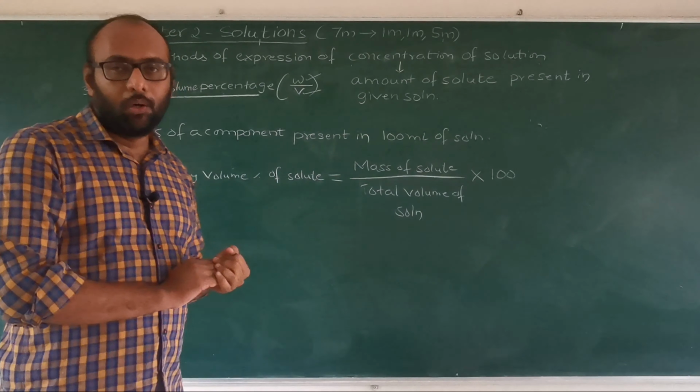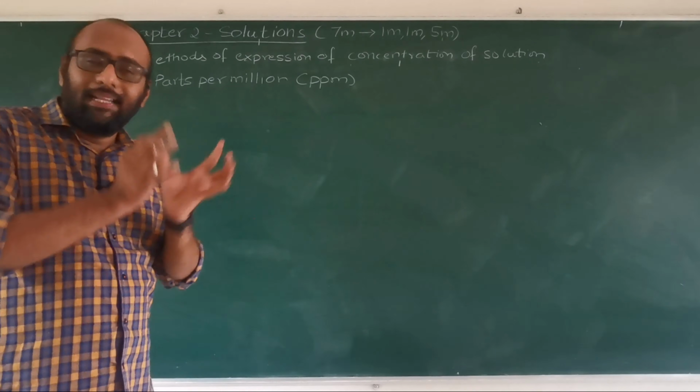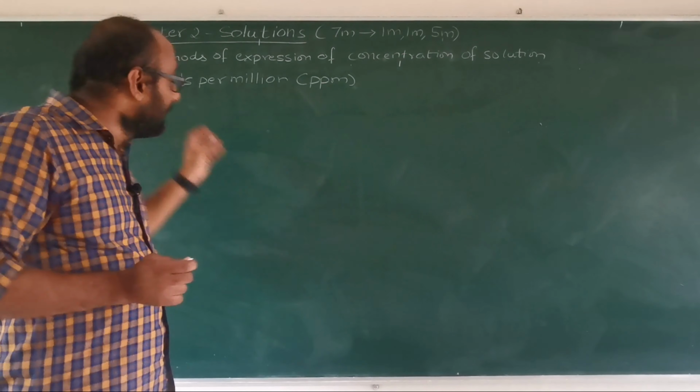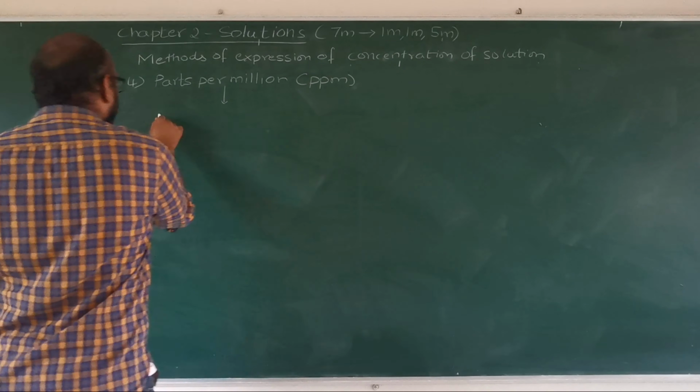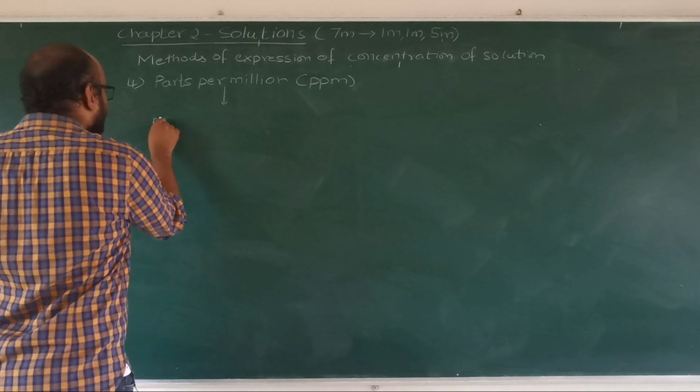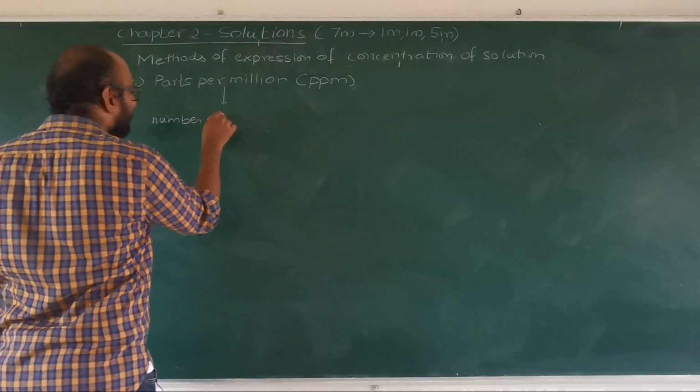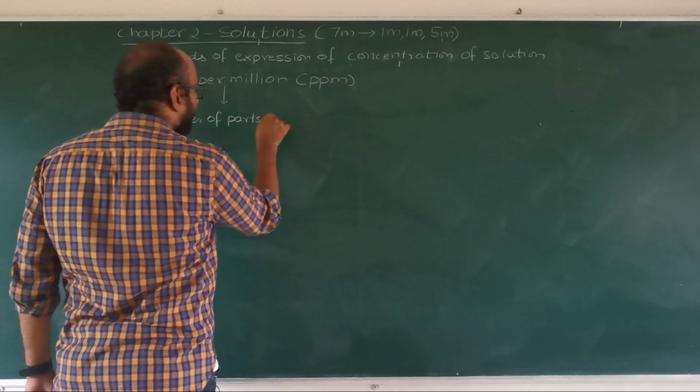Now, next method of expressing the concentration of the solution, we have ppm. ppm means parts per million. How many parts of the component is present in million parts of the solution? You are given the million parts of the solution. In that million parts of the solution, how many parts of the solute, how many parts of the solvent are present? So, parts per million means number of parts of a component.